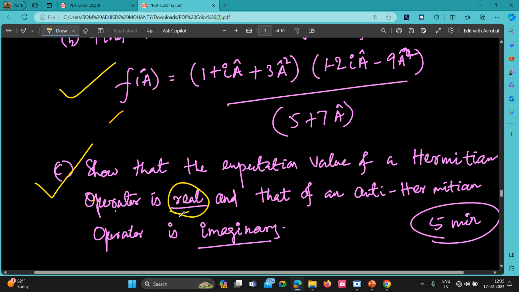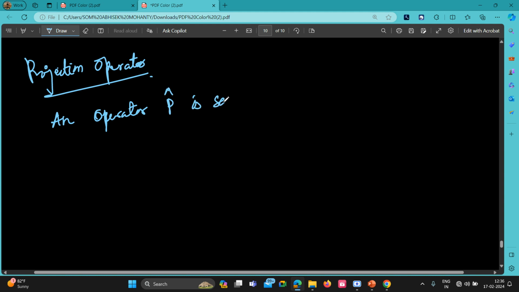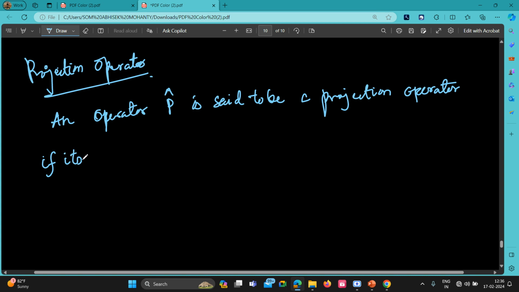Okay, next is a projection operator. An operator P is said to be a projection operator if it is Hermitian and equal to its own square.